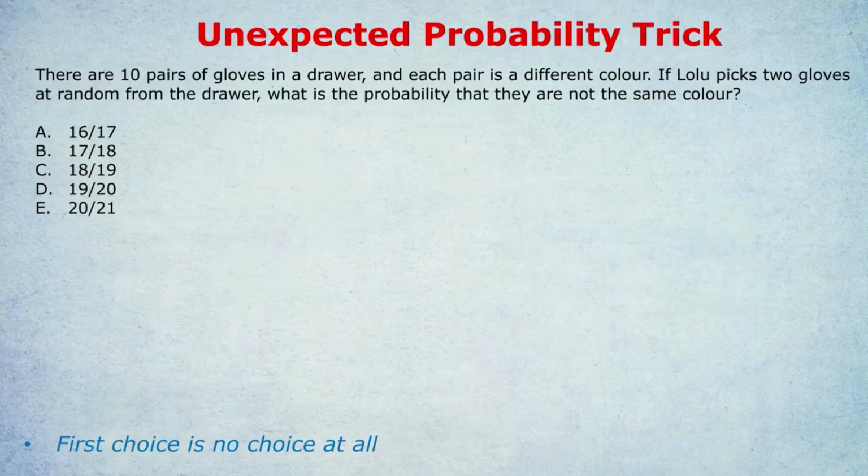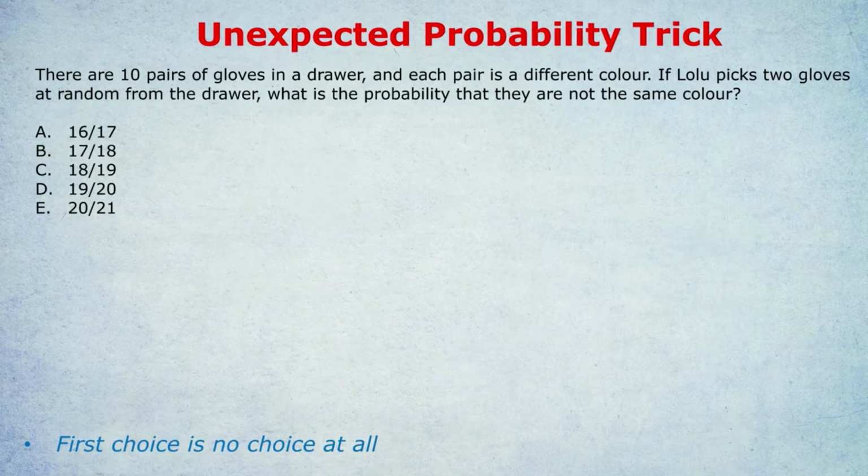Now, what you probably already know is that we have a choice in probability. We can either work out the thing that they're asking or work out the opposite of what they're asking. We decide, is it easier to work out one or the other? In this case, it might be easier to work out the probability that the two gloves are the same color. That strikes me as being easier than working out the probability that they are different colors.